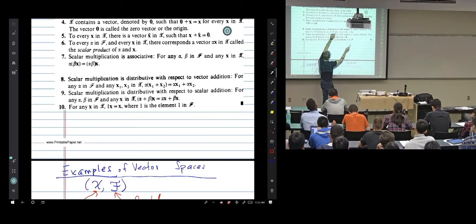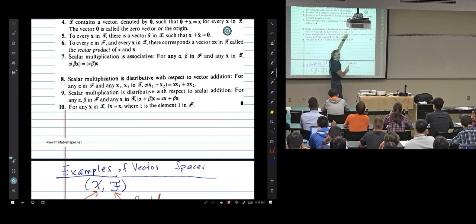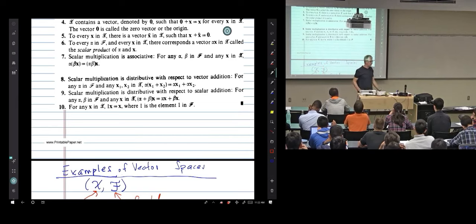Let me show you how you would check that a scalar times the sum of two functions is the same thing as the scalar times the first function plus the scalar times the second function. Let's just check that one as an example.